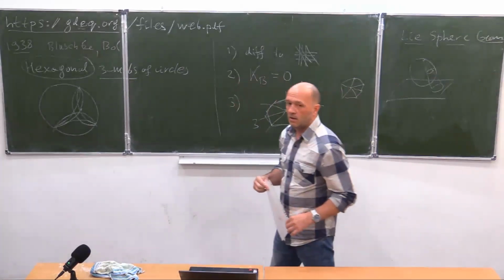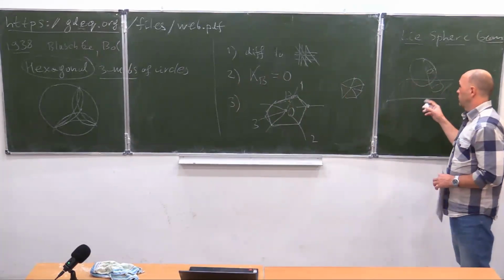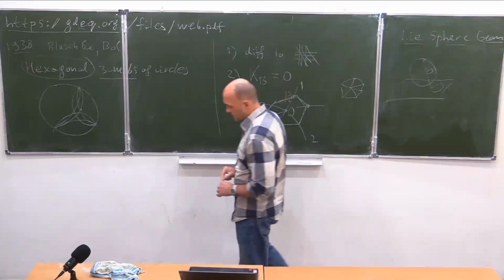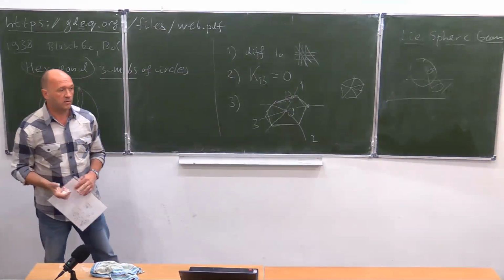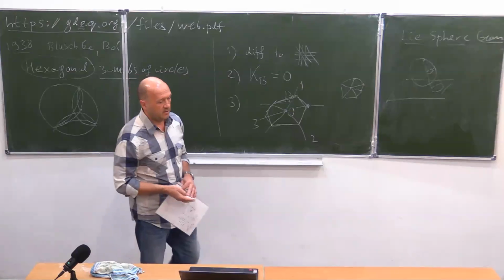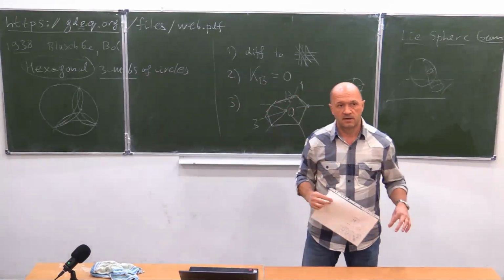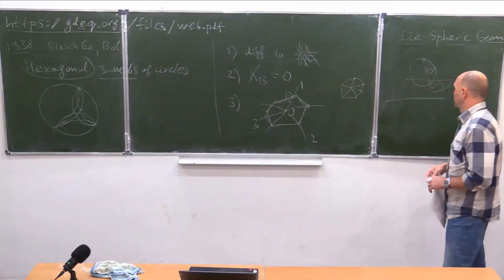What is the advantage of this approach? First, we would like to classify all such 3-webs up to Laguerre's transformation, and Laguerre's transformation can map a circle into a straight line. Sometimes straight lines are considered as circles of infinite radius.